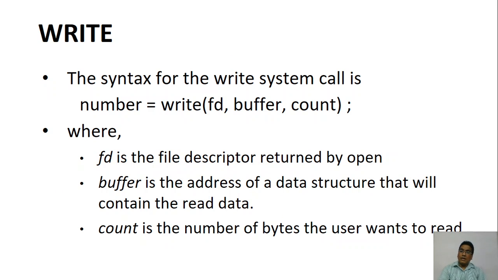Then we have the other system call, the write system call. The write system call is used to write the content from the buffer into the file descriptor. So FD is the file descriptor that is obtained by using the open system call. Buffer is the address of the data structure from where the content will be read and transferred to the file.